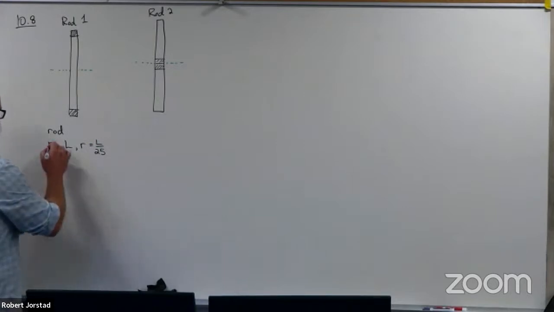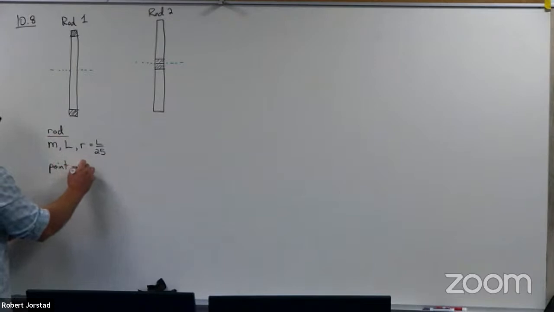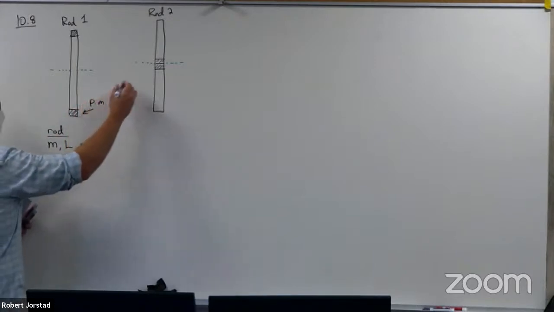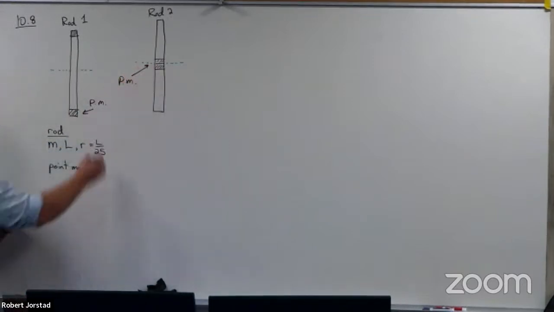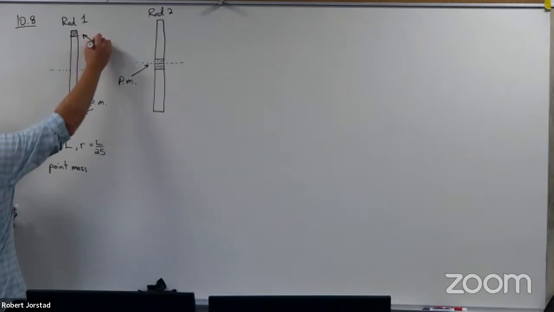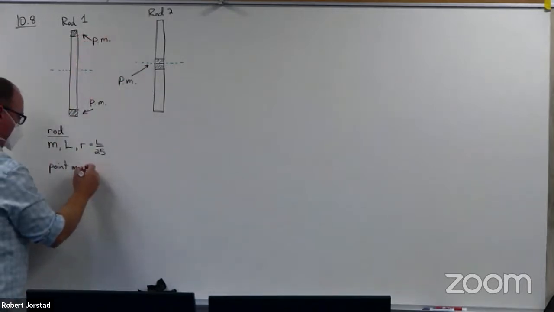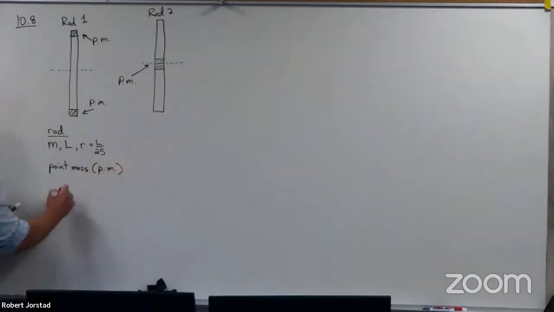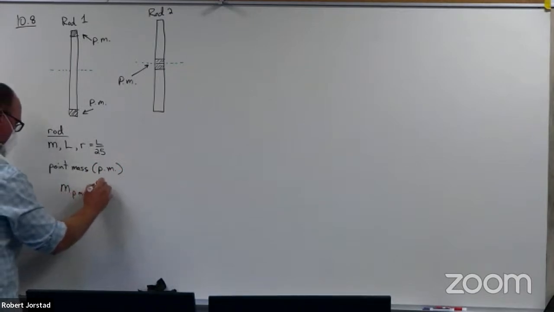And then the point masses, to be clear, these are the point mass. These are the point mass. The mass of the point mass is 5m.